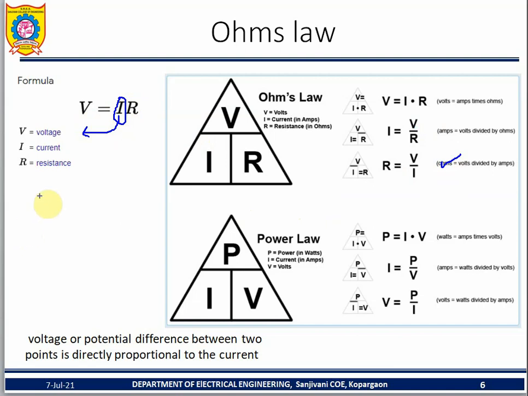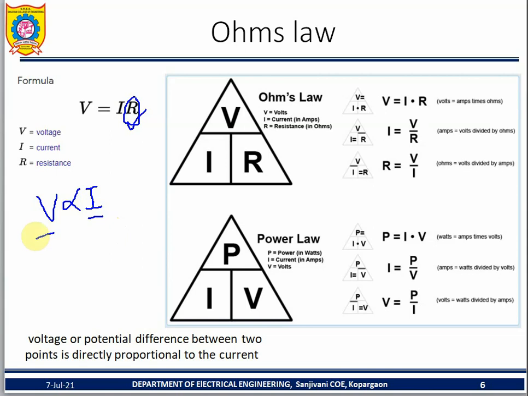What is the definition? V is directly proportional to I, and the resistance is a constant. The proportionality constant is R. So V is directly proportional to I, R is constant.